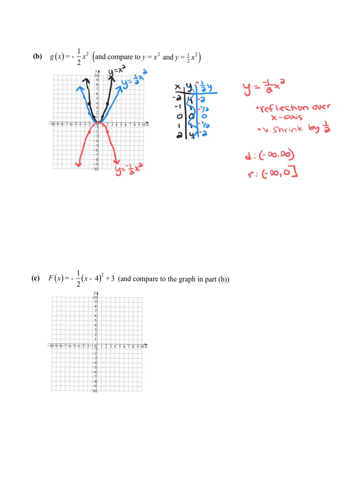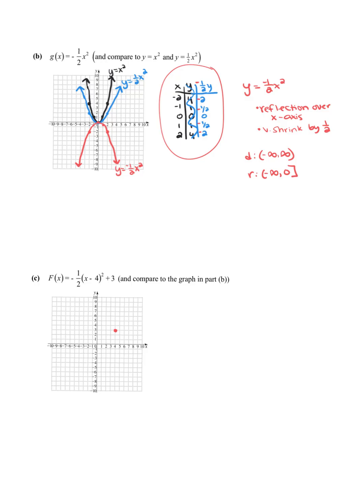All right, and then C is f of x equals negative 1/2 times x minus 4 squared plus 3. Compare it to the graph in part B, the final graph, y equals negative 1/2 x squared. So we have that graph, and we're going to shift it to the right 4 and up 3. And then we're going to graph that same table because we have the reflection over the x-axis and the vertical shrink by 1/2.